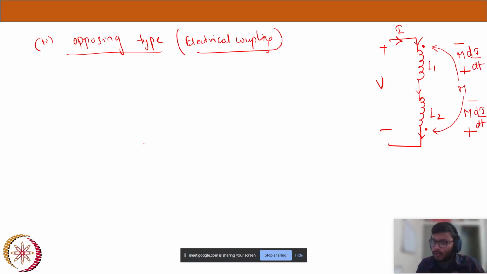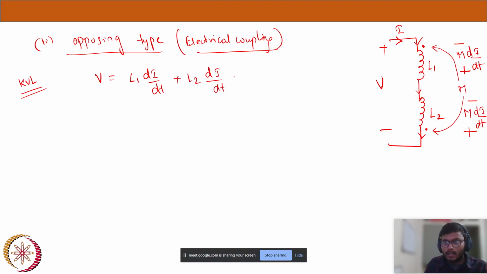Now, if you write the KVL as we did for the aiding case, V is equal to, first writing the self-inductances, L1 di by dt plus L2 di by dt, minus M di by dt, minus M di by dt.